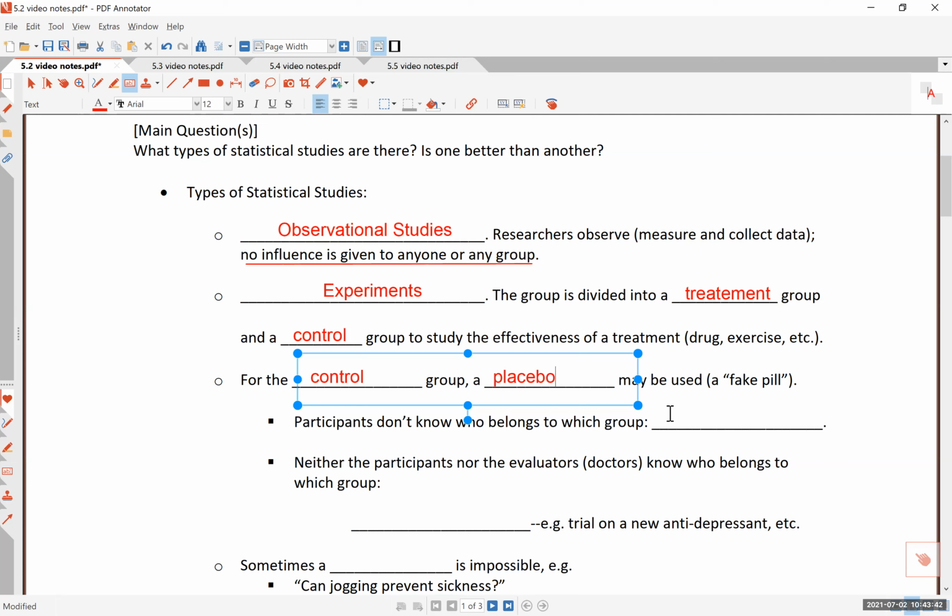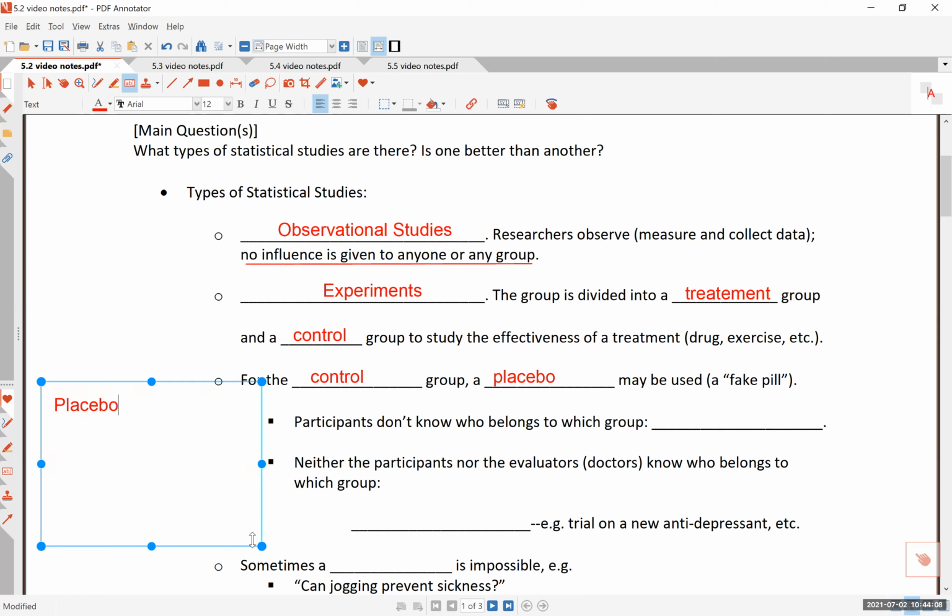This is a word that we hear a lot in the news, especially during events like a pandemic or epidemic, because when you develop a new vaccine, you have to give what is called a placebo. Sometimes a placebo is just called a fake pill, or sometimes it is a fake pill. So on this side here, I'm going to make a little note on the placebo effect. Do you know what a placebo effect is?